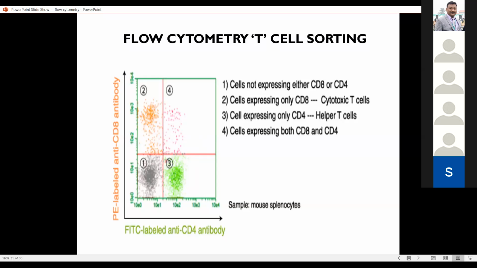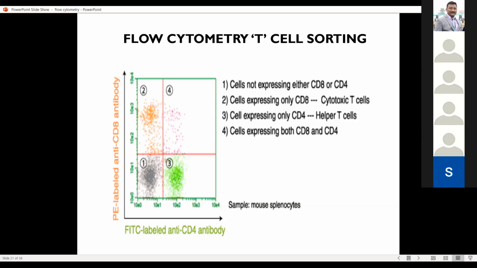Initially I explained how we differentiate cells on the basis of cell size and cytoplasmic granularity. We took blood as an example, and on the basis of granularity and cell size we differentiate. Another example I am demonstrating here is of T cells.